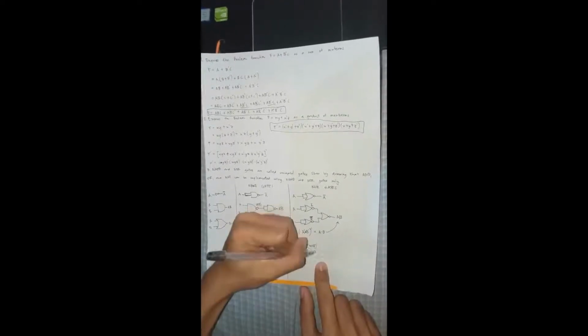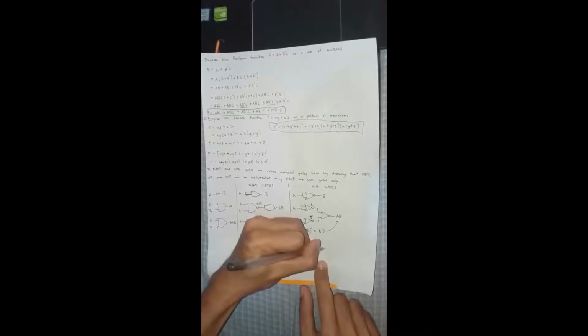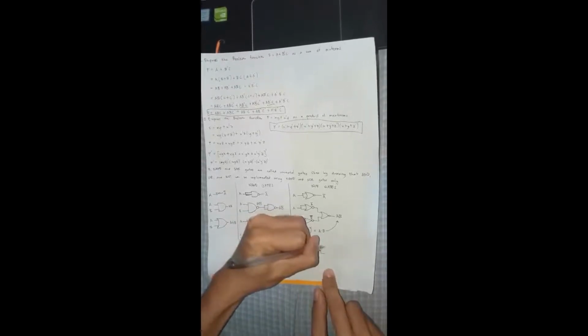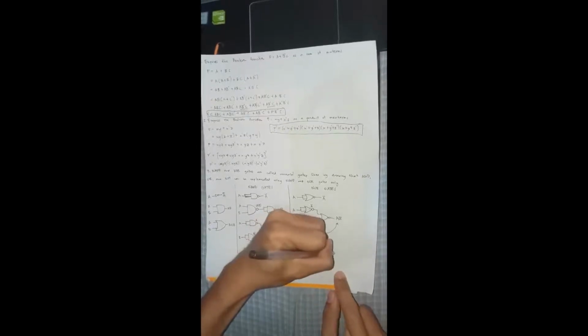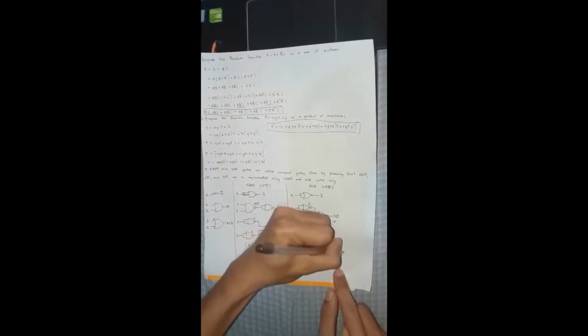This will become A or B prime. We want a result A or B, but there is a prime, so we're just gonna feed it into another NOR gate to cancel the prime. This becomes A or B.